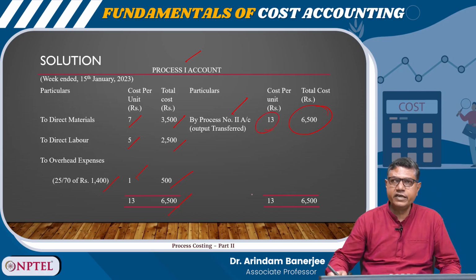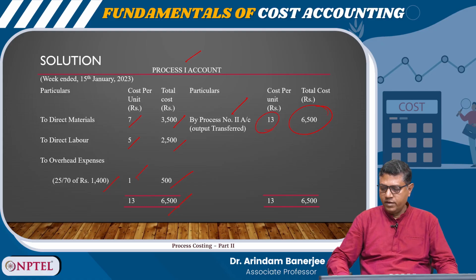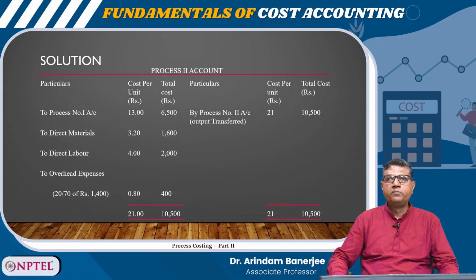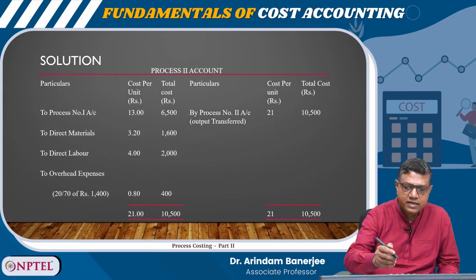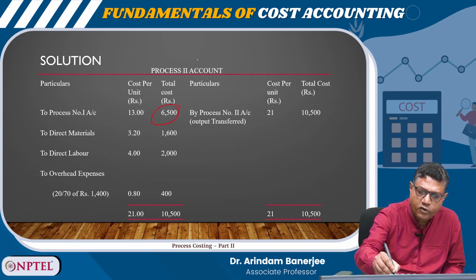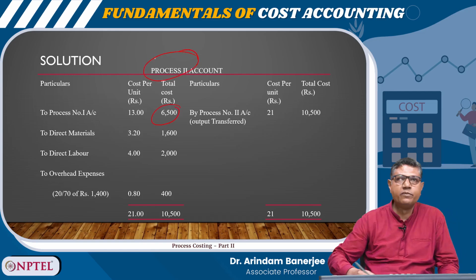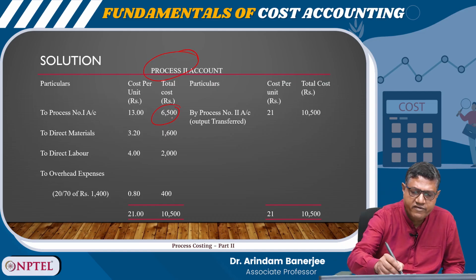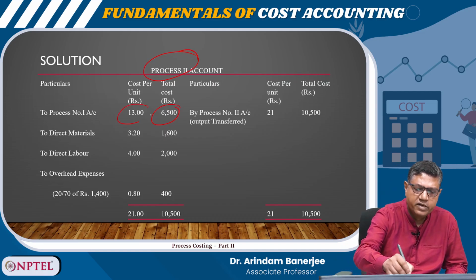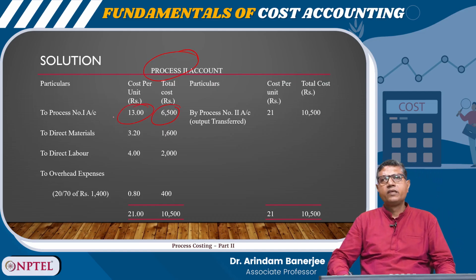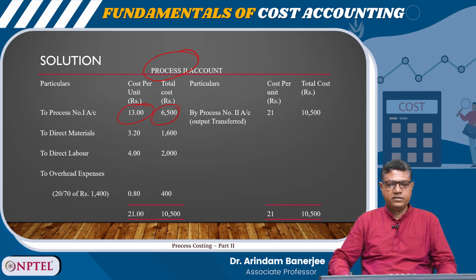So, in process 2 account, which I am preparing, 6500 is transferred, per unit coming to 13.